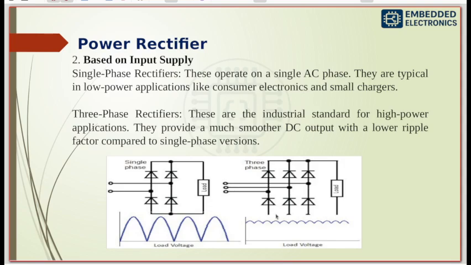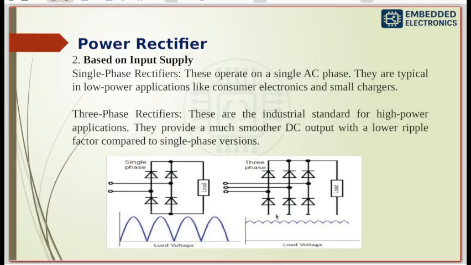In three phase, instead of waiting for one wire to swap directions, the bridge constantly grabs power from whichever two wires have the highest voltage difference at that exact microsecond. Because there are three phases, there is always at least one phase at a high voltage while the others are swapping.